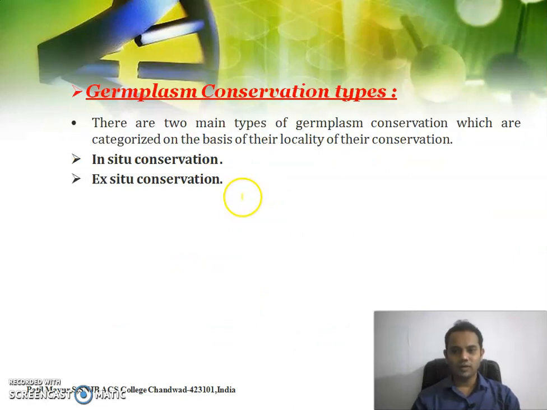Germplasm conservation is of two different types: first, in situ conservation, and second, ex situ conservation. Germplasm conservation has been categorized on the basis of locality.